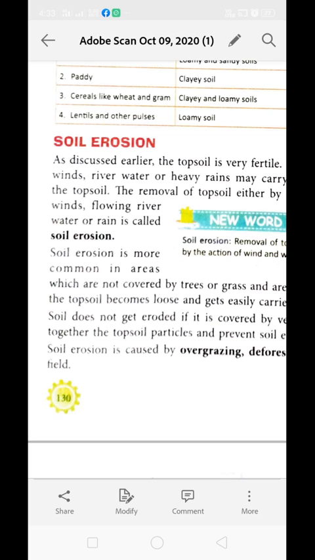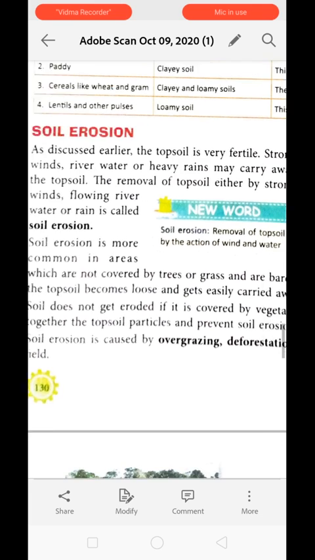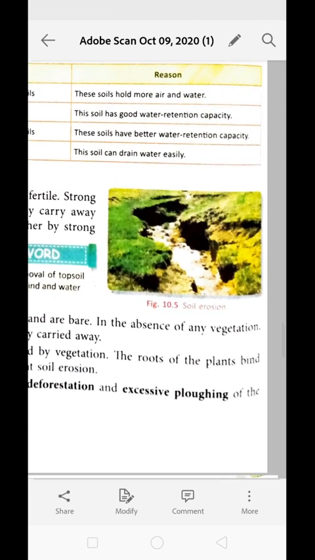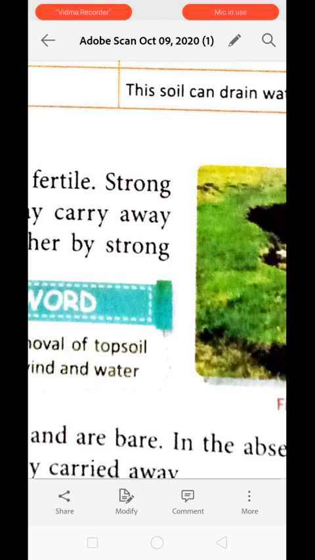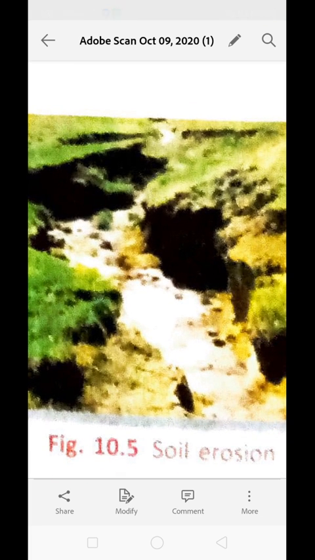Okay, soil does not get eroded if it is covered by vegetation. Just see over here, soil cannot get eroded if this area is covered with vegetation, whereas this area in between them can easily let the soil flow away with the water because it is not covered with vegetation or plants.